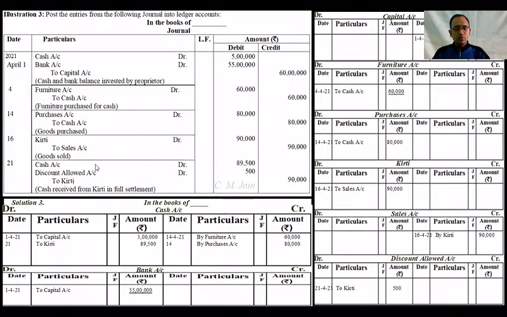Then cash account debit, discount allowed account debit to Kirti, next entry. So in cash account debit side, we will write to Kirti. But the amount which is written against cash in the entry, 89,500. Date is 21st.